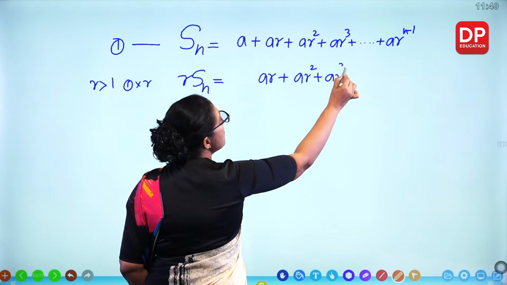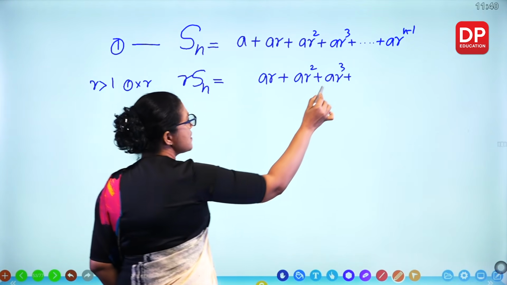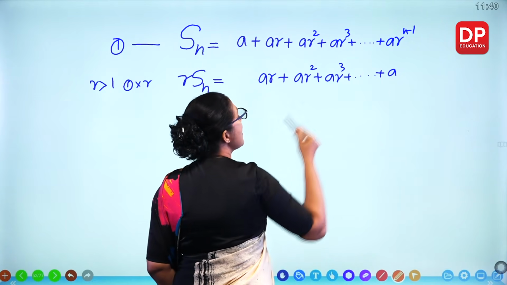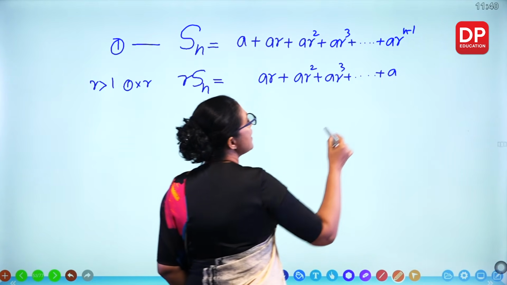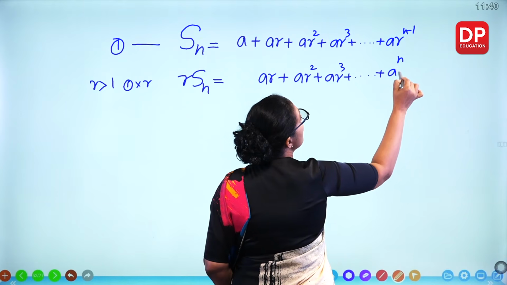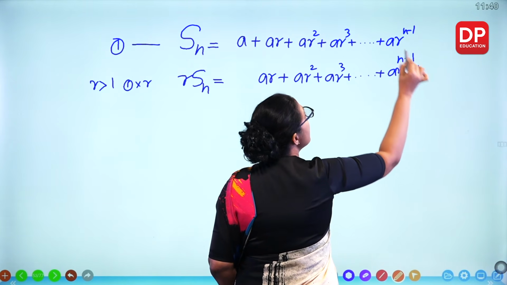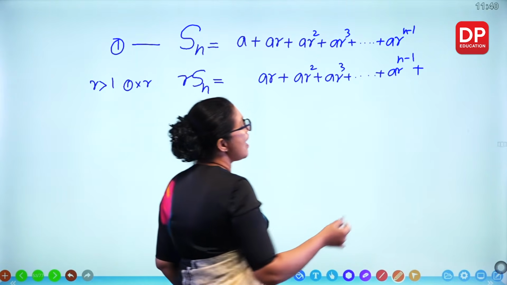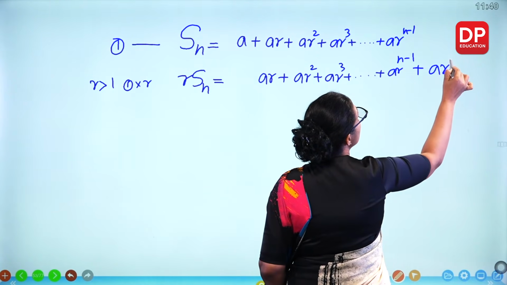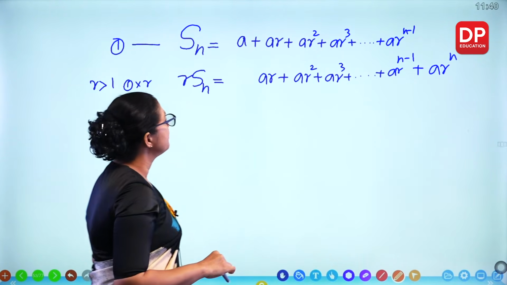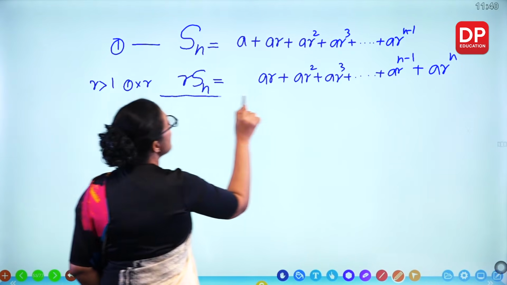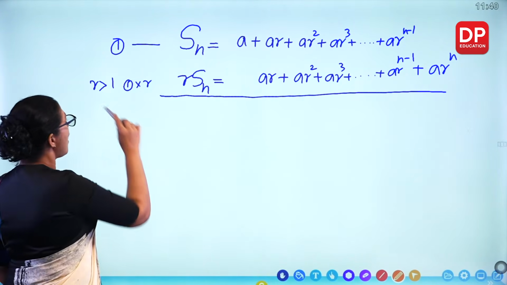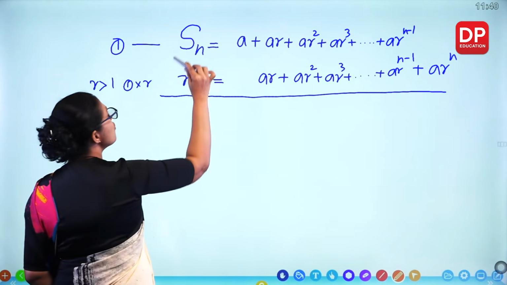Likewise, I am getting all these terms. The previous term, AR to the power n minus 1, when I multiply by R, I get AR to the power n. Now, when I subtract these two, which way do I need to do it? R is greater, so 2 minus 1.